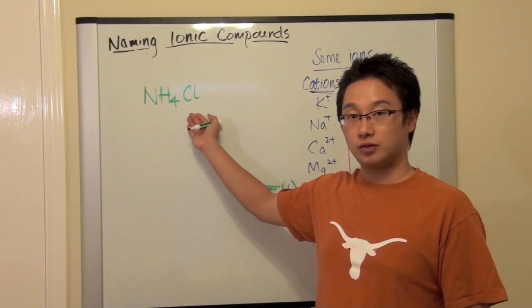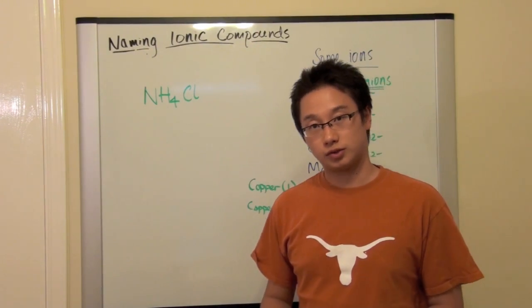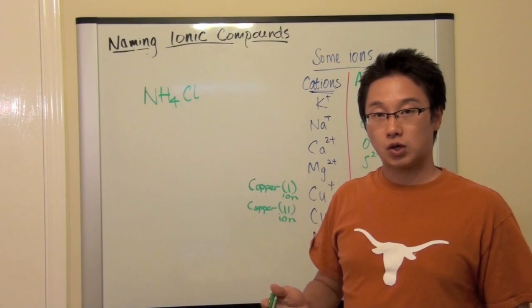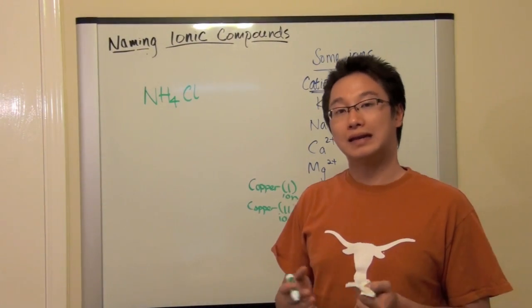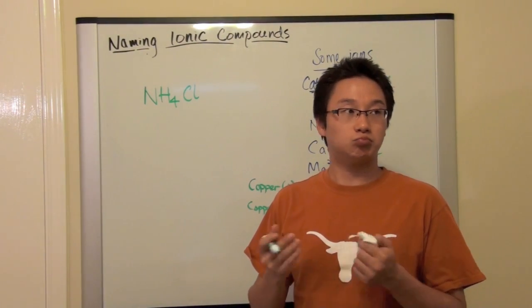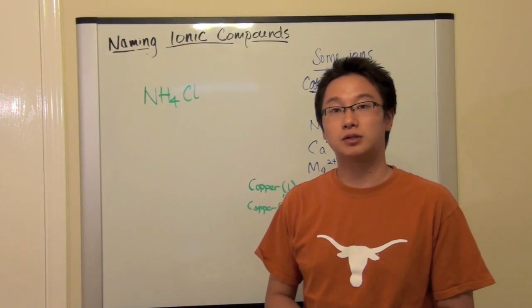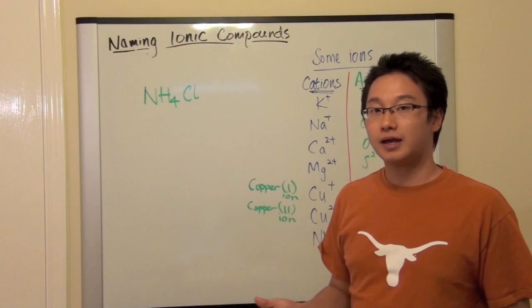In this case, we see all non-metals, okay, nitrogen, hydrogen, and chlorine. So we may be misguided to think that it is a covalent compound. It is not the case.